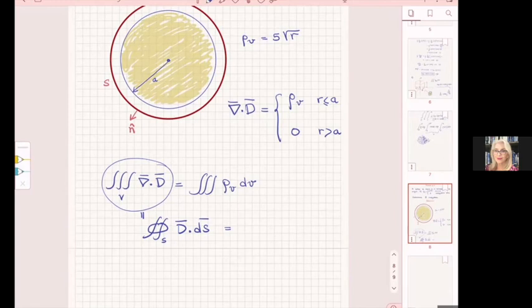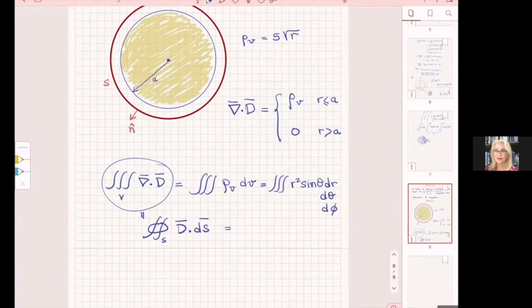Let me see, here it is: r squared sine theta. Okay, all right. And the volume element here is going to be r squared sine theta dr dθ dφ. So it's dr dθ dφ. Okay.